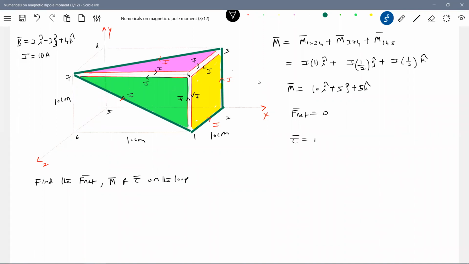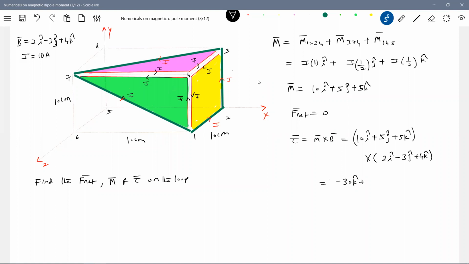What about the torque? Torque is M bar cross B bar. B bar is 2I cap minus 3J cap plus 4K cap. I cross I will be 0. I cross J will be K, so this will be minus 30K cap.